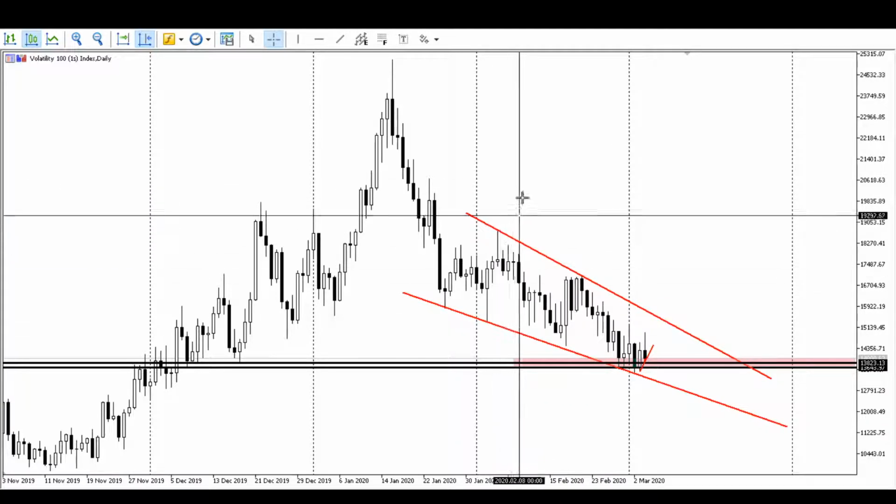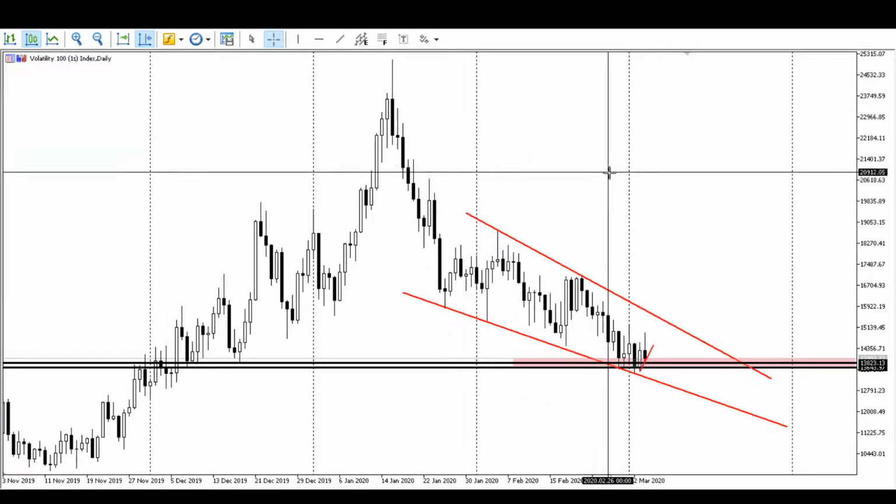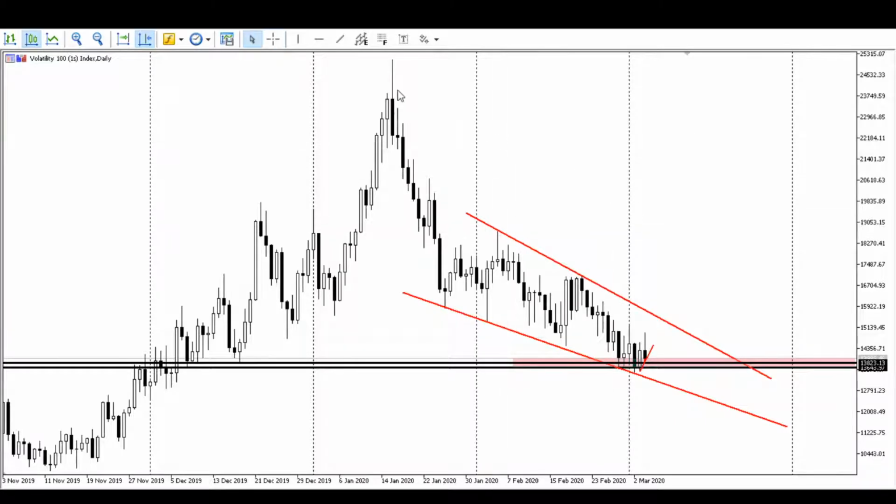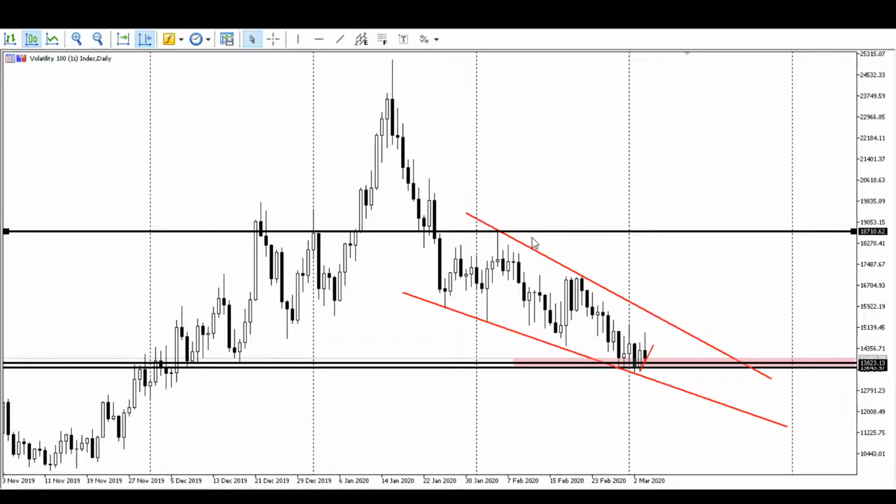So February, the range of February is from this period separator to here. The high of the month of February was here, and the low of the month of February was here, this level here.